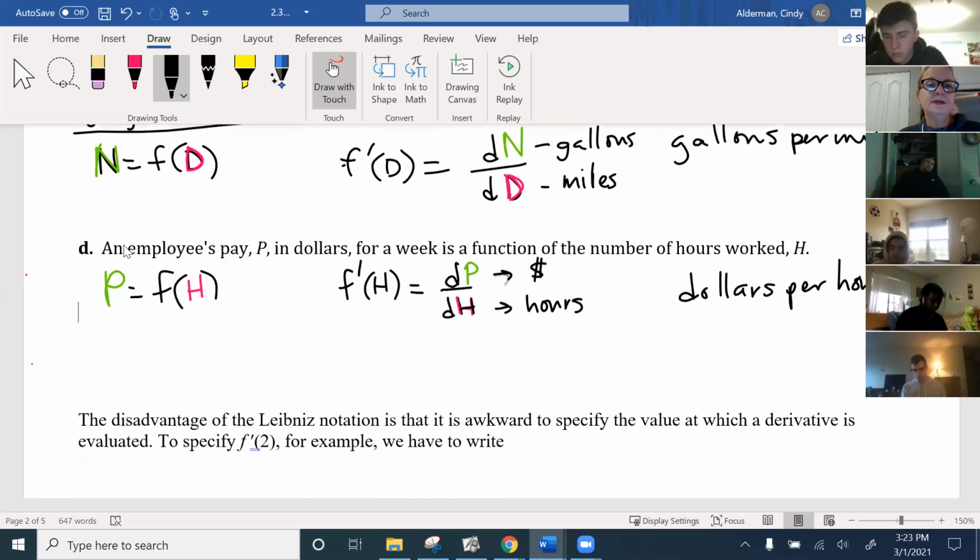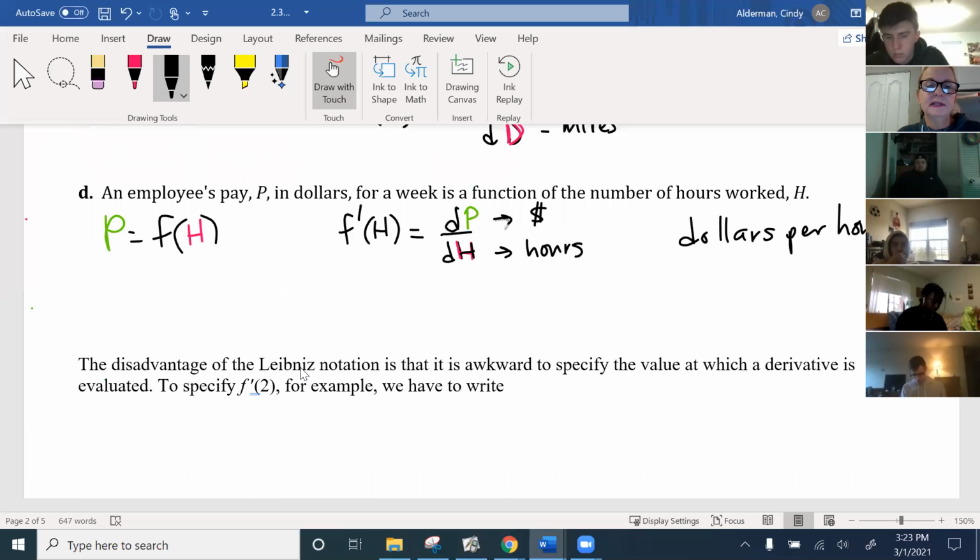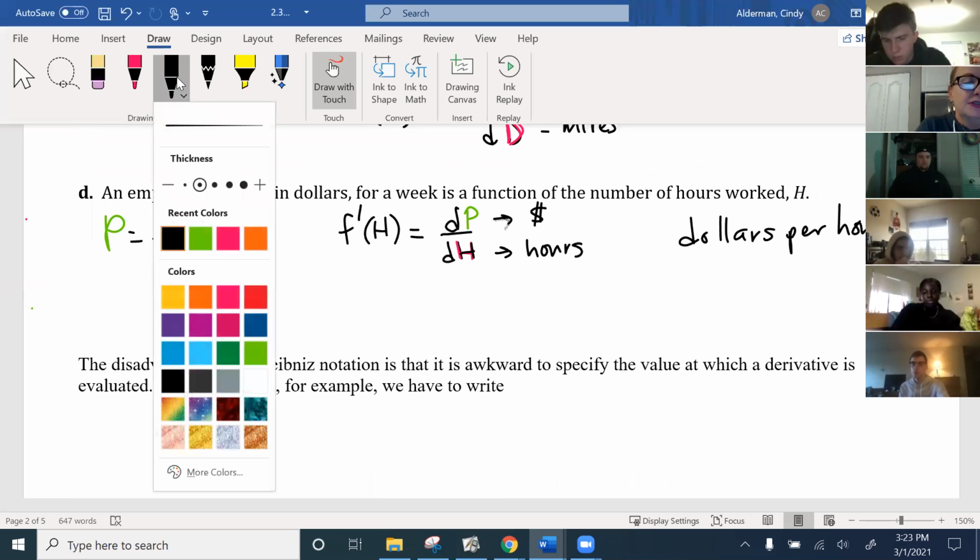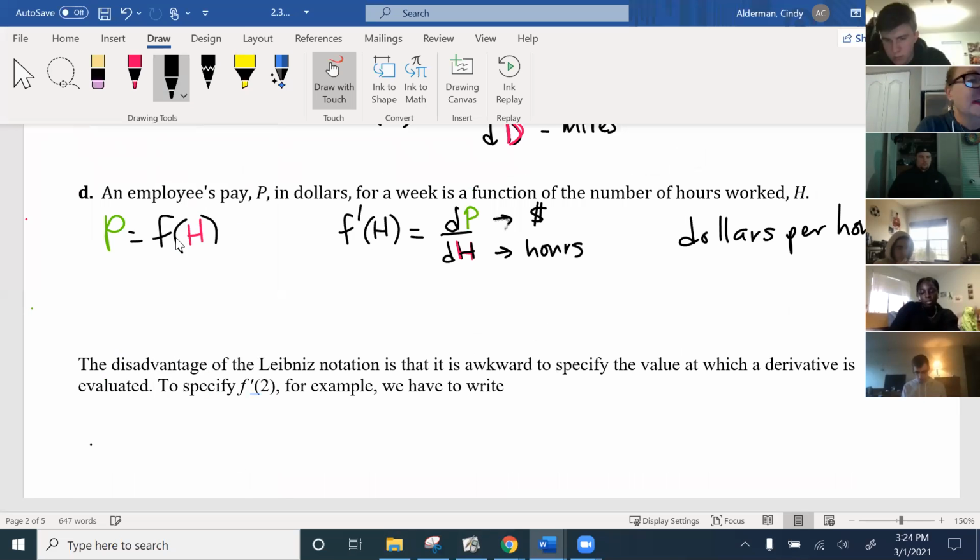Okay, and then here they talk about the disadvantage of the Leibniz notation is that it is kind of awkward to specify the value at which the derivative is evaluated. For example, if you wanted to say f prime of 2, that means find the derivative at 2. To do that same thing using Leibniz, you would do this. It's kind of cumbersome. So if you just wanted to find the derivative at 2 using prime notation, you could just say that, right?